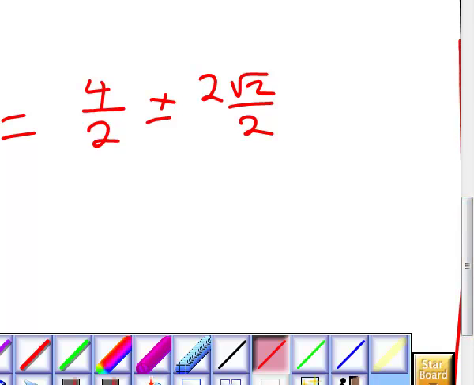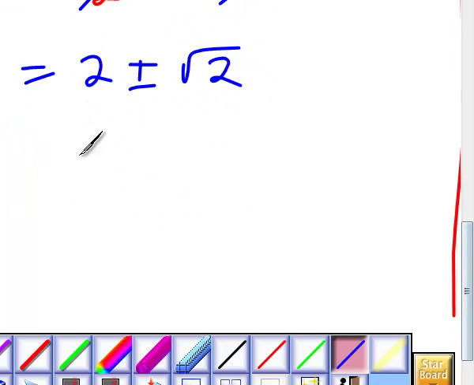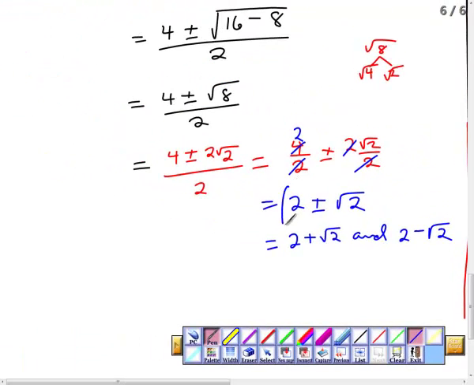And so we get 2 goes into 4 2 times. So that's 2 plus or minus, and then the 2's cancel, the square root of 2. So you can either write it like this, or you can write it as 2 plus the square root of 2 and 2 minus the square root of 2. Okay? Questions with that?